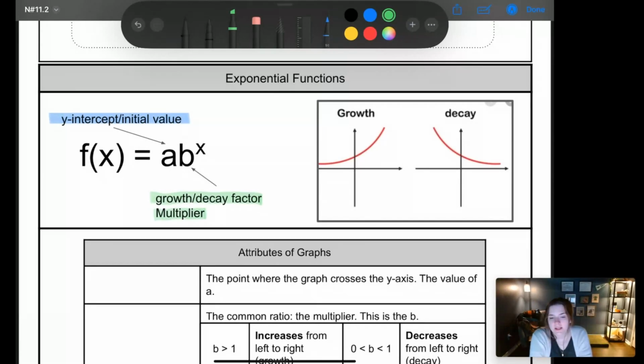And for this, an exponential function is shown by this formula, and a cannot be 0, b has to be greater than 0, but not 1, and x is always a real number.